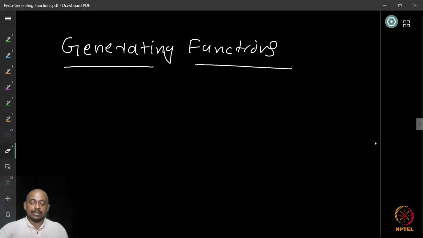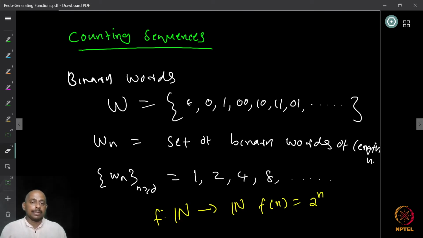So what is a sequence? A sequence is nothing but a function from the set of natural numbers to, let's say, real numbers, or natural numbers itself. It could be anything like that.